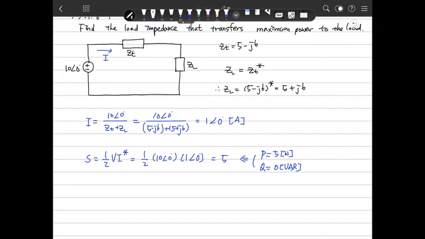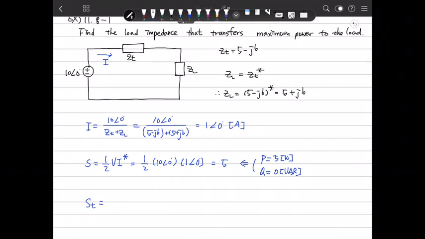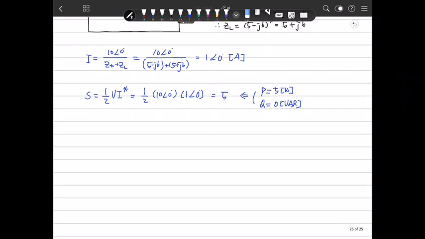Then we need to calculate the power consumed by ZT and ZL. ST is consumed by ZT. To calculate that, we need to calculate some variables first. We define this as VT and this as VL. VT is the voltage drop caused in the transmission impedance ZT.